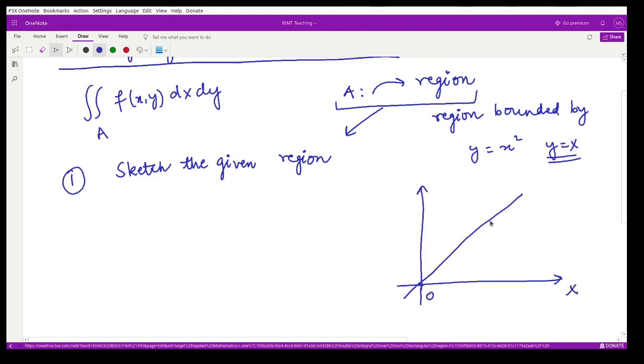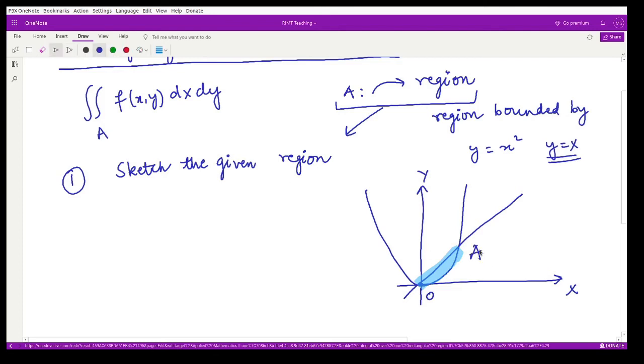This is the origin, this is the x axis, this is the y axis. So your parabola would go something like this. The region bounded by these two curves, in between these boundaries, is your region A.